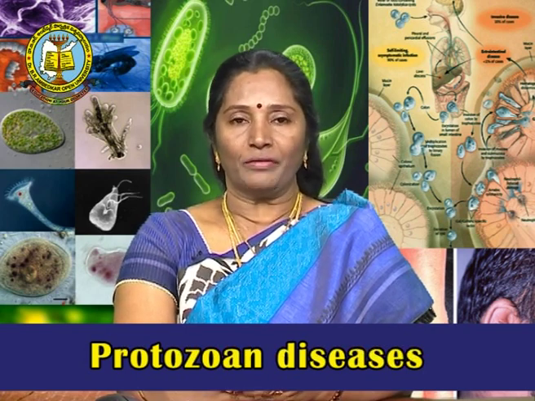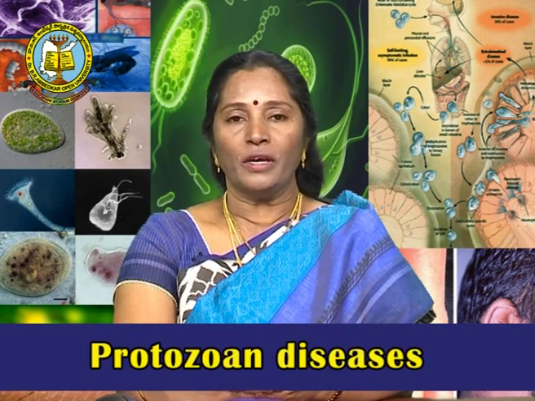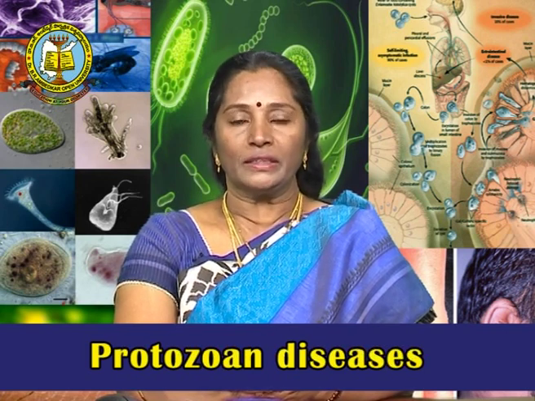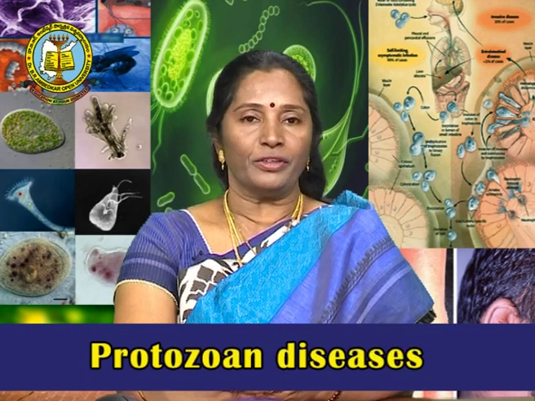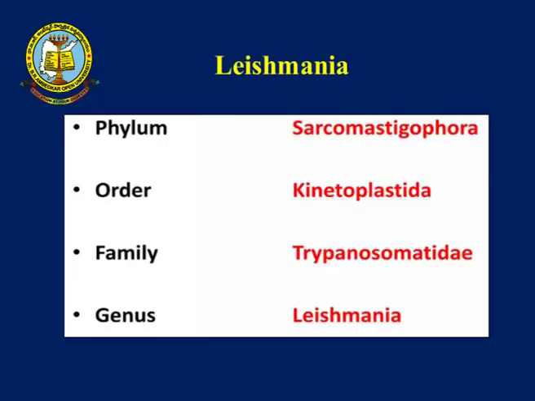The mitochondria is the one that is going to give them a lot of secretions, or the hormonal secretions that they need for their different actions. When we are talking about the classification of Leishmania, they belong to phylum Sarcomastigophora, or they can also be called protozoans, order Kinetoplastida, family Trypanosomatidae, genus Leishmania.